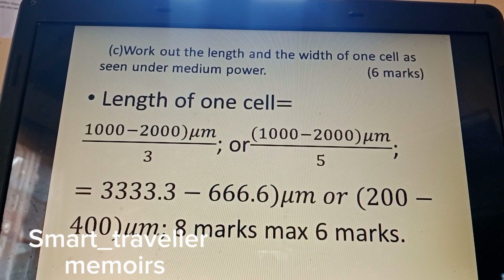So you get 8 marks. The commas and semicolons are the marks; in marking, a tick is represented by a semicolon. So if you count the semicolons, you find that there are 8, but the maximum mark was 6.